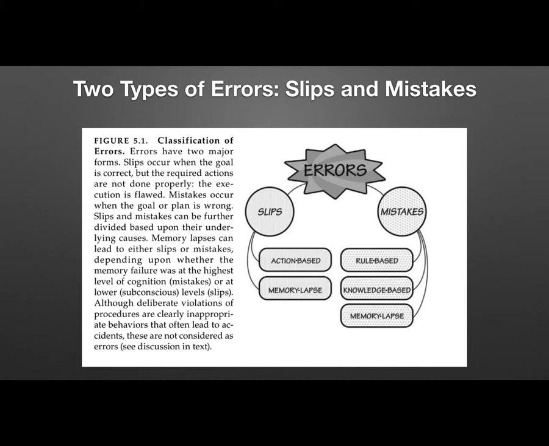Okay, let's jump to errors. We can think of errors as two categories, slips and mistakes. And within those two areas, we can divide them further. Slips are when you're trying to do the right thing, your goal is good, but somewhere some action you take is not correct.